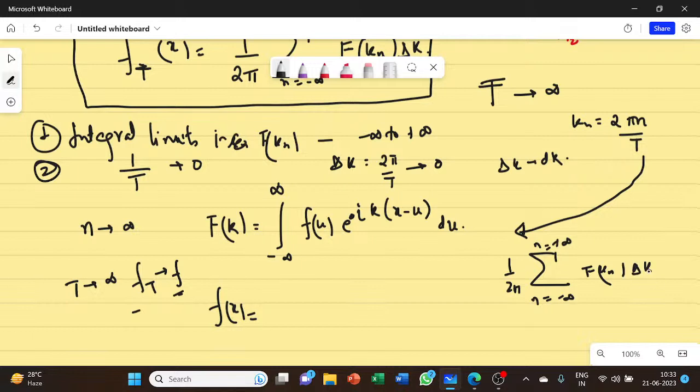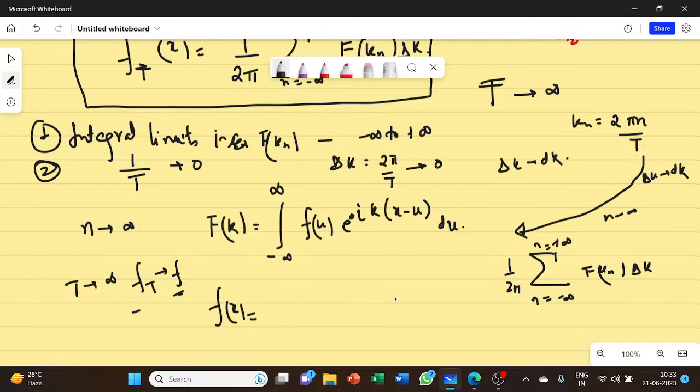Now as n tends to infinity, your delta k would become very small, so I'll write it as dk. This sum would again change into an integration. The difference delta k becomes very small.